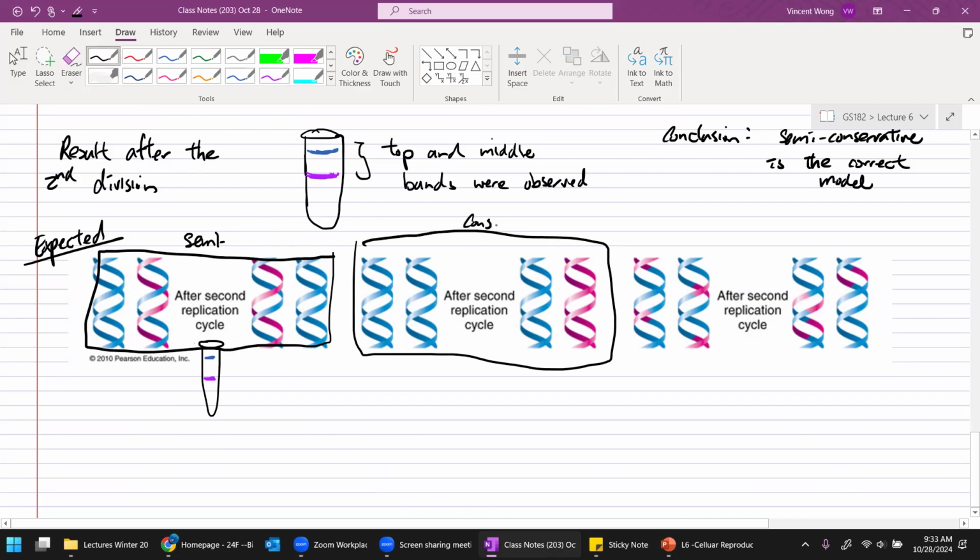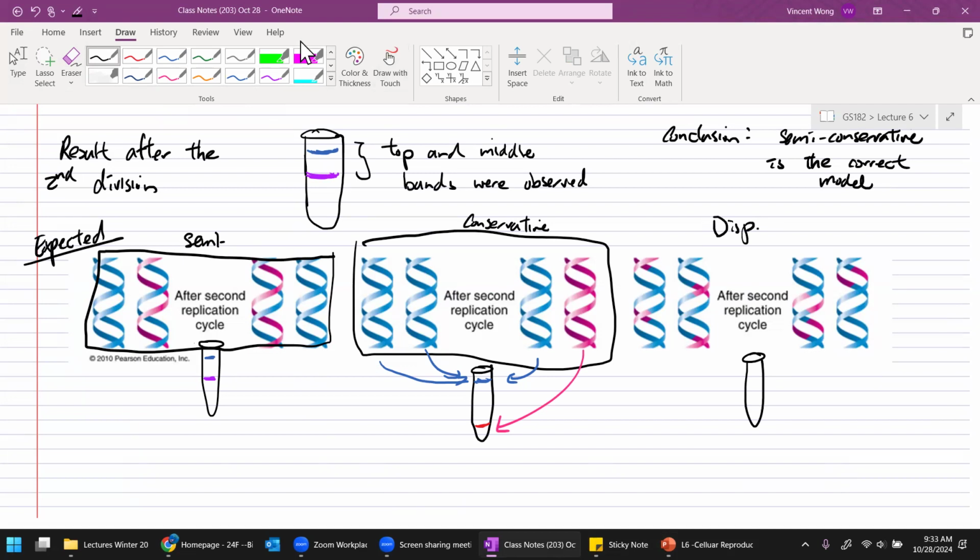From the first division. But if you were to do it again, you would expect to have a bottom one, and then the top. And for this one, dispersive, you would expect to have a middle one.